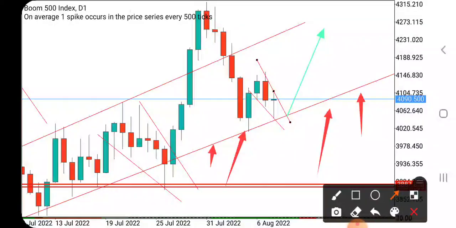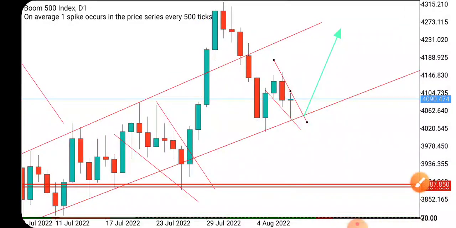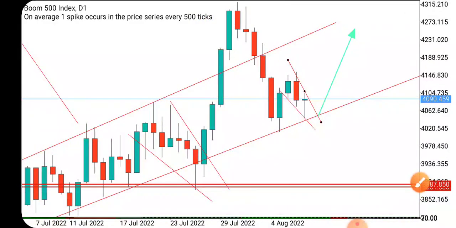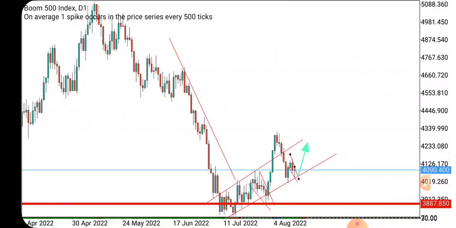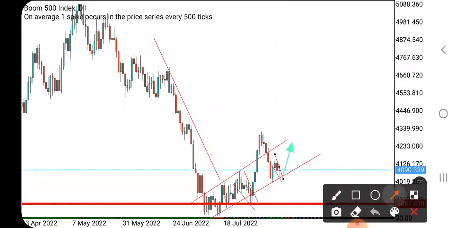So I want you to pay close attention, this is the daily time frame. I'm going to go down to a lower time frame to show you, but if I zoom out completely, you are going to see my range, that is my channel, which is these two lines. The price is likely going to continue that way in my channel, and keep going up and down in the upward direction.